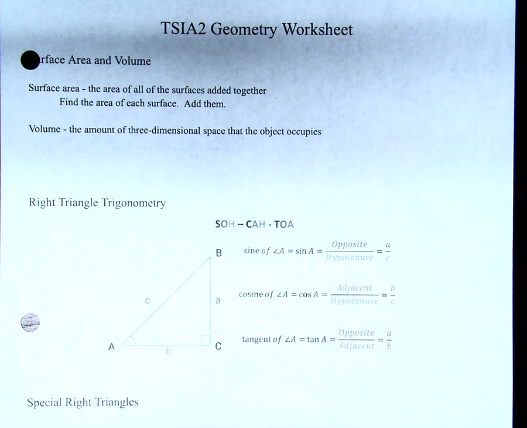If you're getting a surface area of a cylinder versus a sphere versus a triangular prism versus a rectangular prism, there's tons of formulas for that. But if you'll just remember that the surface area is all the surfaces added together, you almost don't need a formula. You just find all the areas, add them together. Does that make sense? Okay.